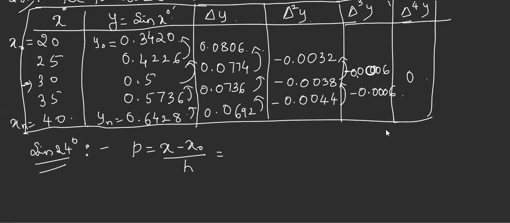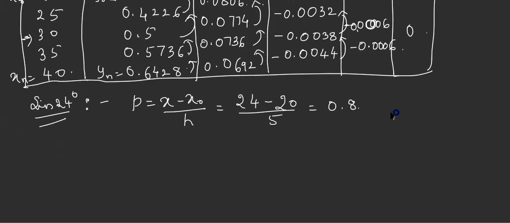Here x is 24, x naught is 20, and h, the difference between the values of x, is 5. So 4 by 5 is 0.8.